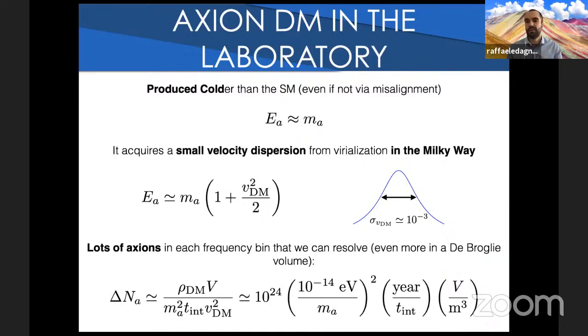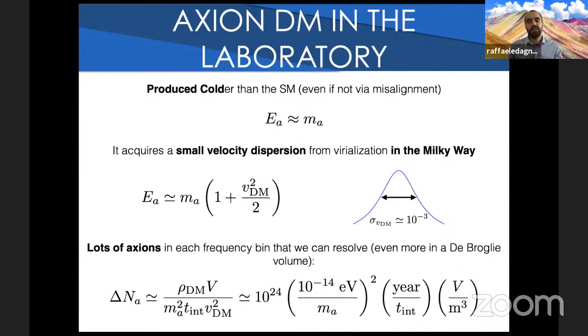Otherwise, it would be in contradiction with a host of astrophysical and cosmological observations. This cold particle that has essentially no kinetic energy, but just its rest mass, will acquire a small velocity dispersion when it enters the galaxy, just from gravitational interactions. And this velocity dispersion is going to be of order 10 to the minus 3 the speed of light.